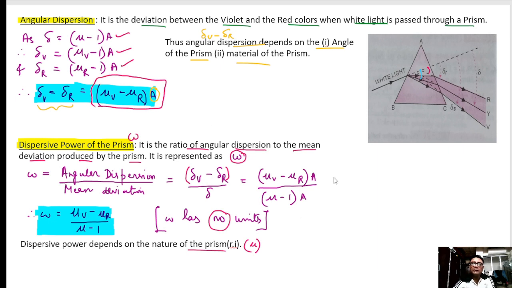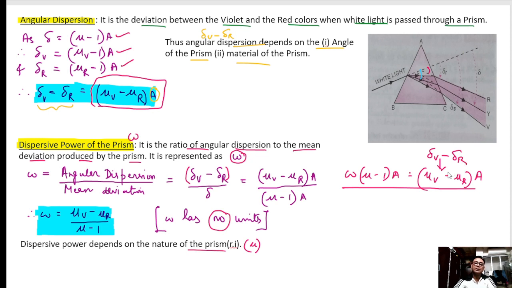So it will definitely be (mu minus 1) into A. If it is (mu V minus mu R) into A, this is the relation, so that this is actually sigma B minus sigma R. So this is the angular dispersion.